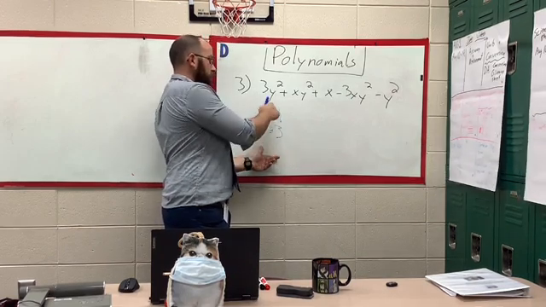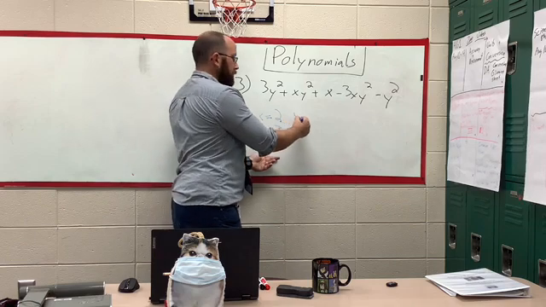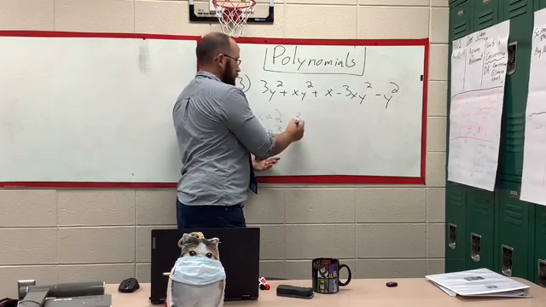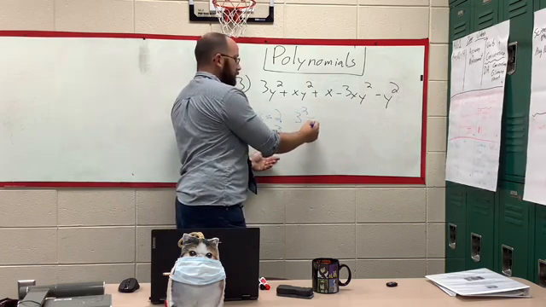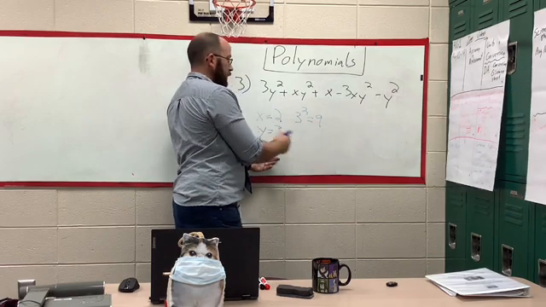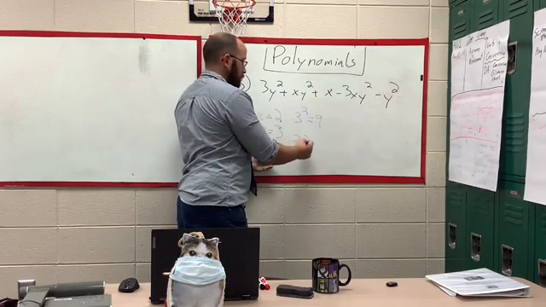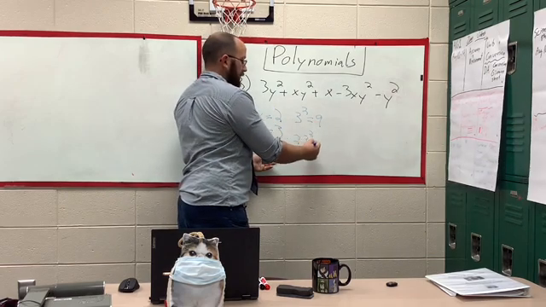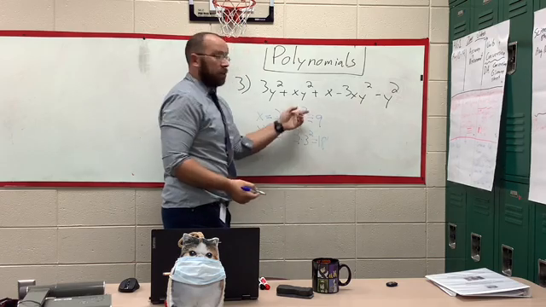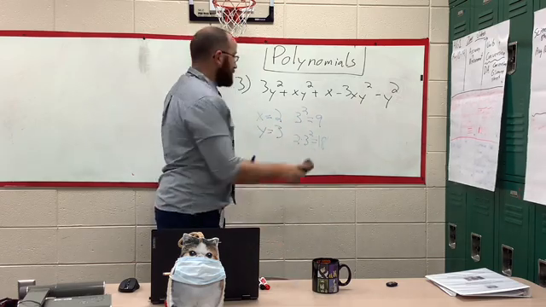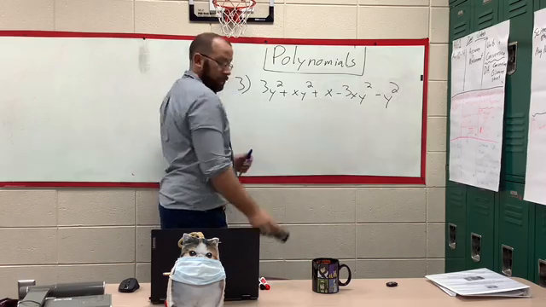Right? So if I plug 3 into y squared, I get 9. But if I plug 2 and 3 into xy squared, I get 18. All right, those are two very different answers. They have to be exactly the same.